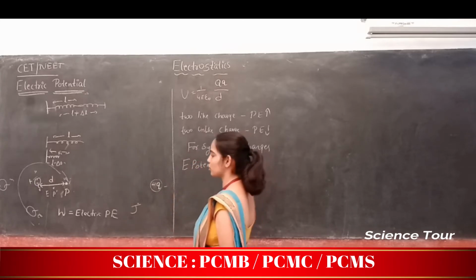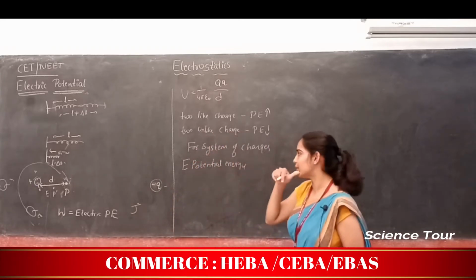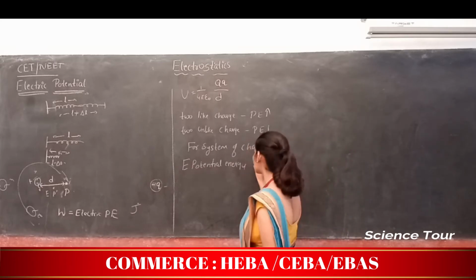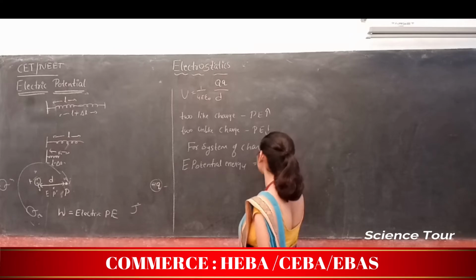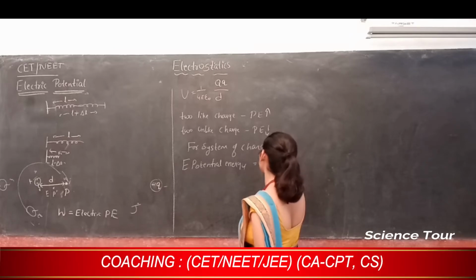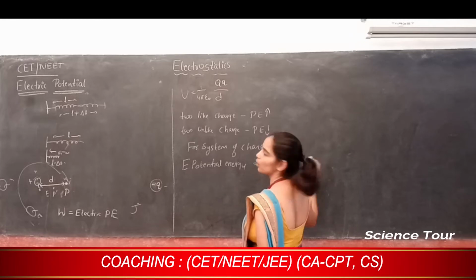Electric potential energy is denoted as U. So electric potential energy is equal to 1 by 4 pi epsilon naught, or you can write it as U1 plus U2 plus U3 and so on.